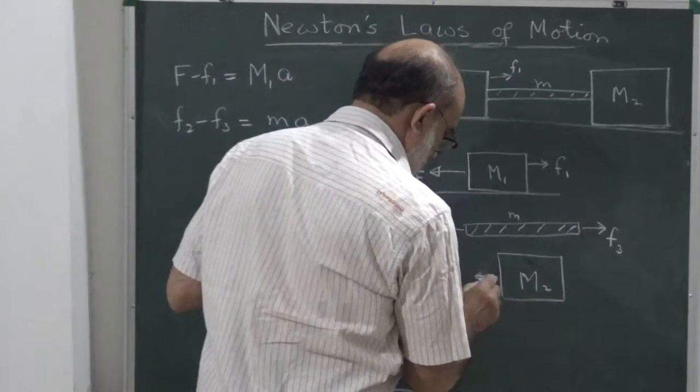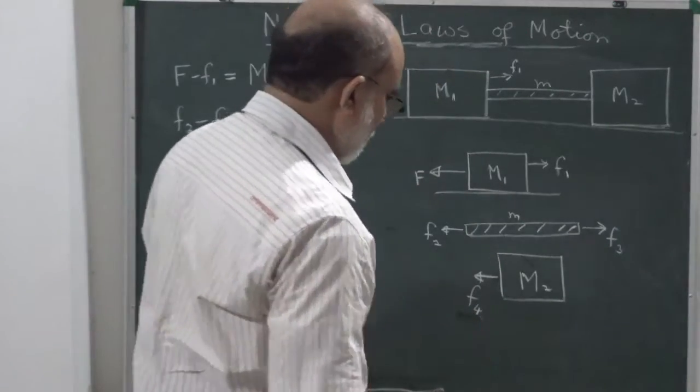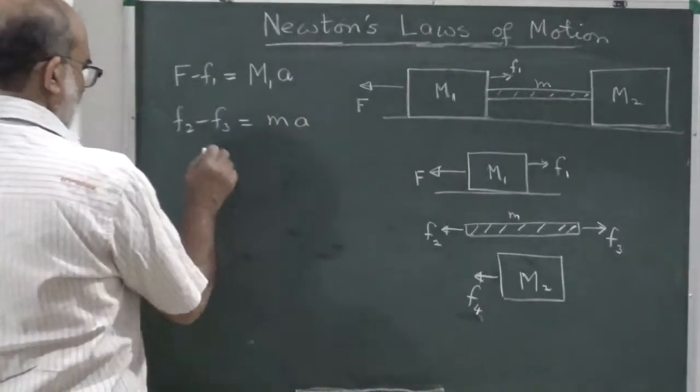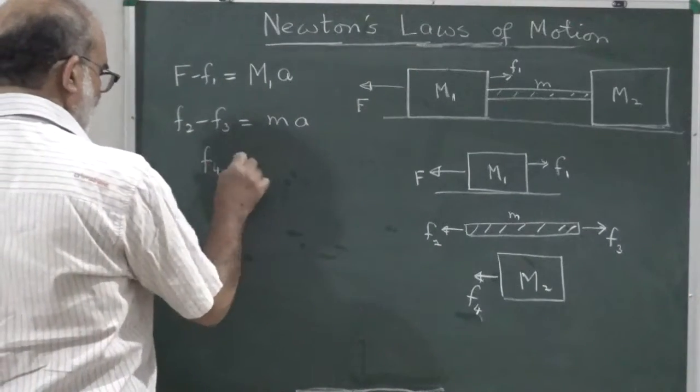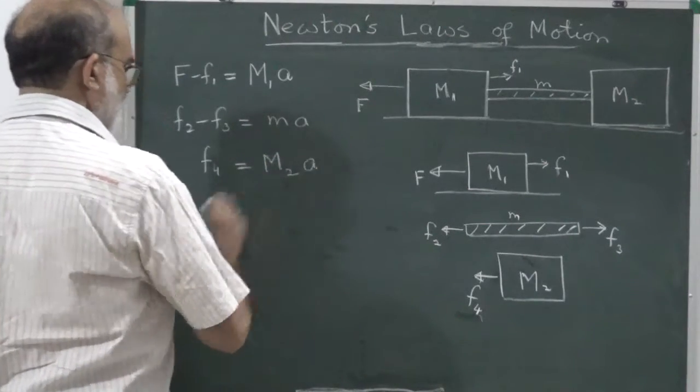Suppose it pulls with force F4, and there is no other body here. So F4 produces an acceleration on the mass M2: F4 equals M2a.